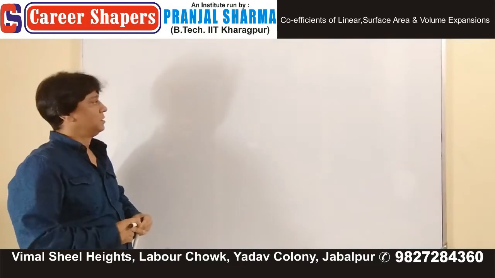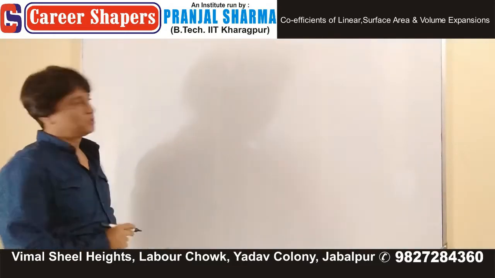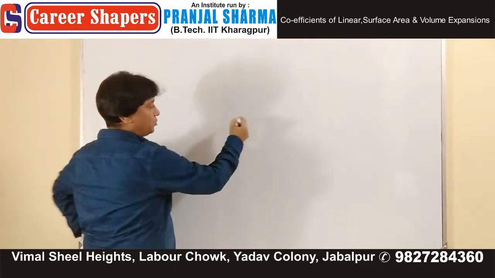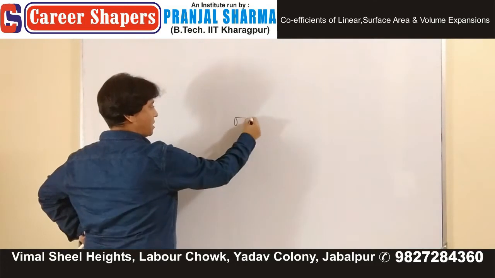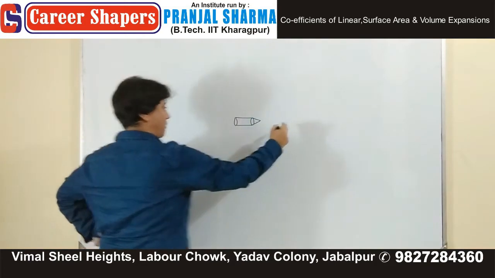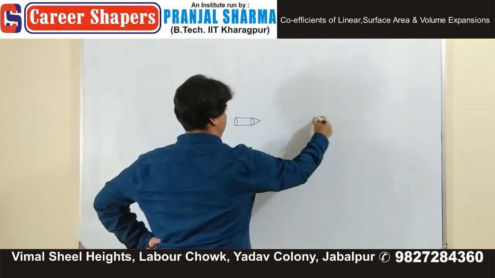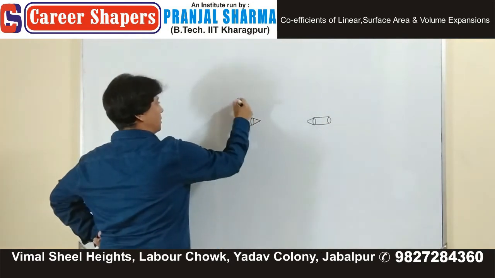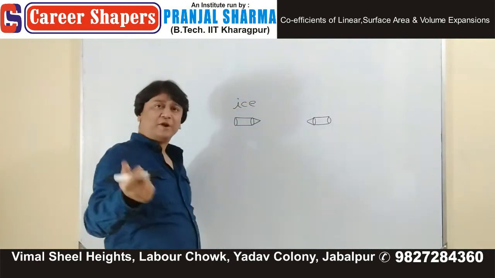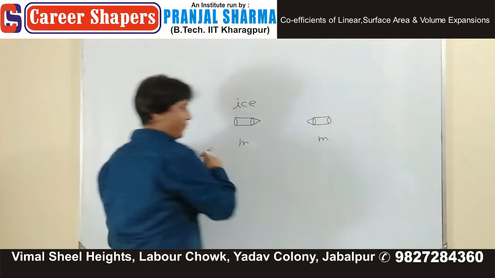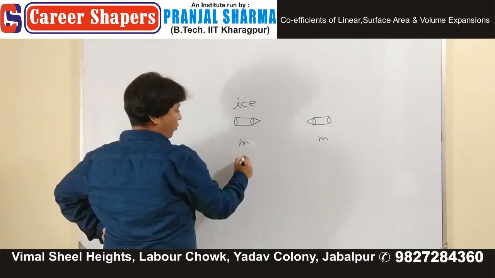Hello everyone. Note down this question. There are two ice bullets, made of ice of mass m each, moving with speed v.